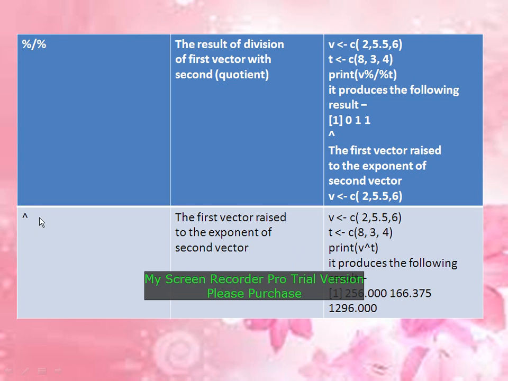For example, 2 exponent 2 means 2 square. 4 exponent 2 means 4 square, etc. So here V is the first vector, T is the second vector. T is the exponent and V is the normal value.